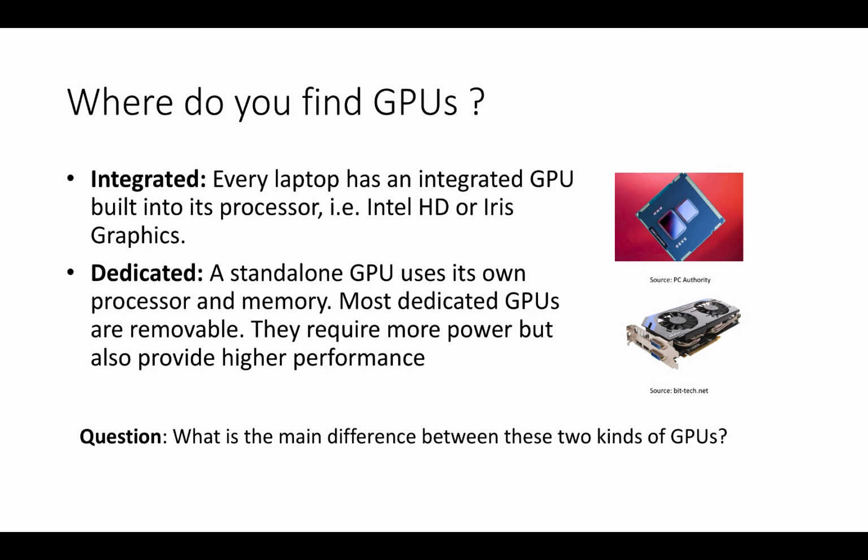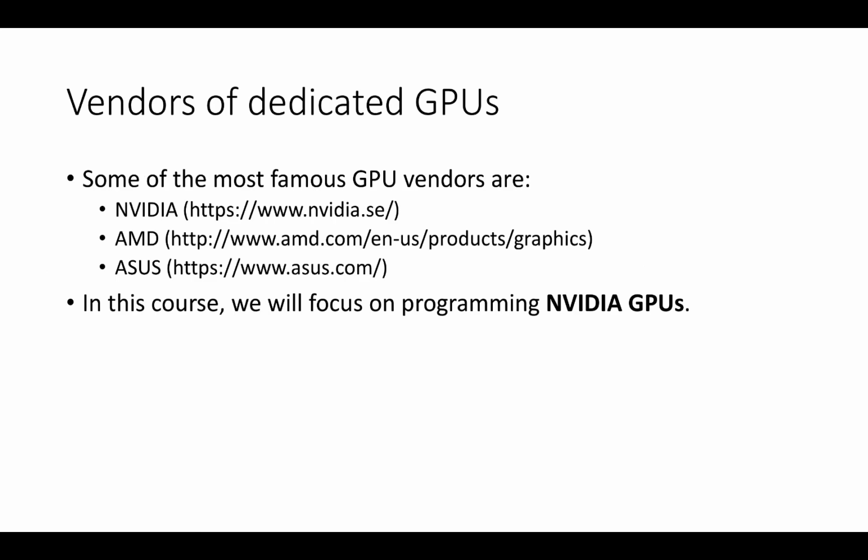What is the main difference between integrated and dedicated GPUs? Dedicated GPUs have their own memory, while integrated GPUs share memory with the CPU. There are several dedicated GPU vendors. Among these, probably the most successful when it comes to GPUs for HPC and deep learning applications is NVIDIA.